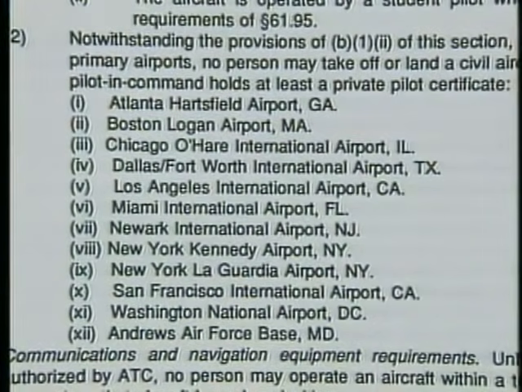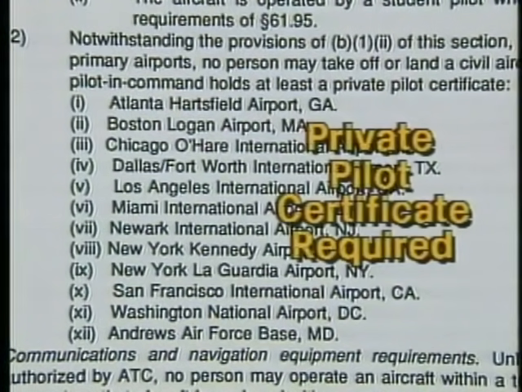Student pilots may operate within this airspace and land at many of the airports within the surface area of this airspace, provided they comply with the restrictions and training requirements in the FARs and have the appropriate endorsement in their logbooks. However, there are some Class B primary airports that are so congested that takeoffs and landings by student pilots are prohibited. These airports are listed in FAR Part 91 and in the AIM.